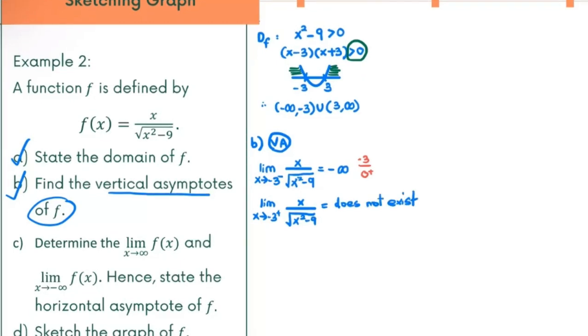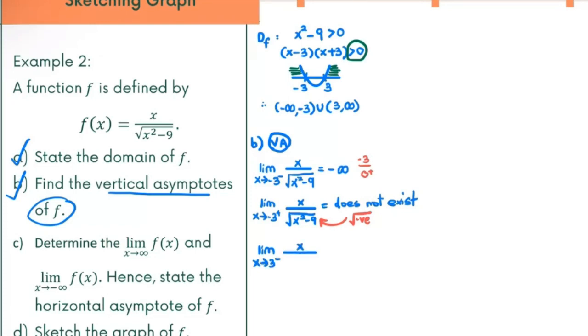So kat sini saya tunjukkan reason dia lah. Sebab apa? Sebab kita dapat square root of negative kat bawah ni. Okay, so that's why dia akan jadi does not exist. Okay, now let's look at the value for x approaching 3 from the left.